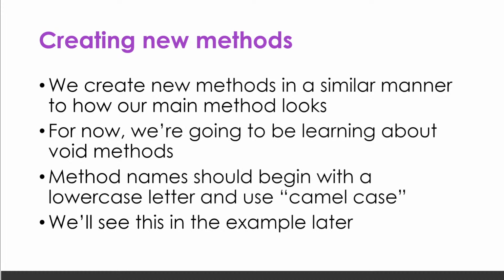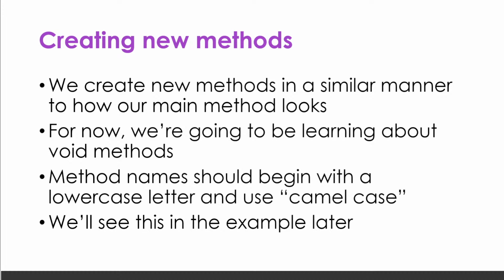So for now, we're only going to be learning about void methods. And a void method does not return. When we get to value methods, we'll talk about the difference between value methods and void methods. Value methods return, whereas void methods do everything that needs to be done inside of that function.